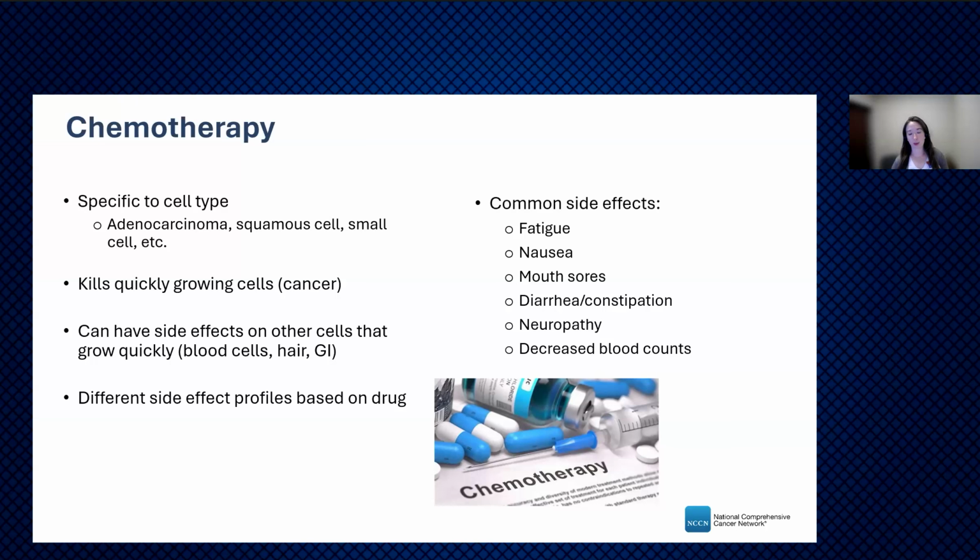Some specific chemotherapies compared to others will impact hair follicles. You get a haircut, it grows back. Sometimes some of our chemos are a little bit more aggressive on impact on hair. Your cells that line the GI tract turn over pretty frequently, and sometimes we can see nausea as a side effect.